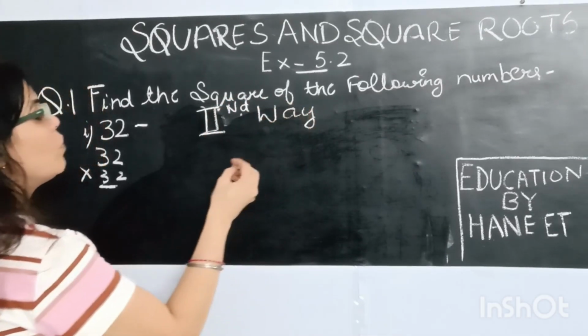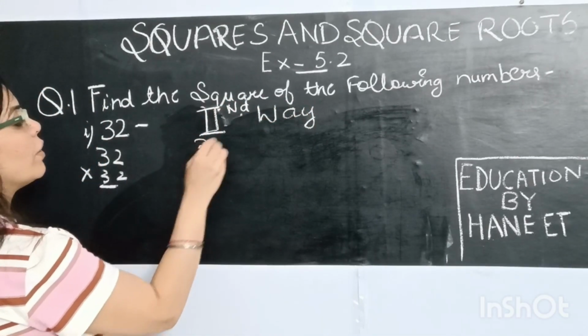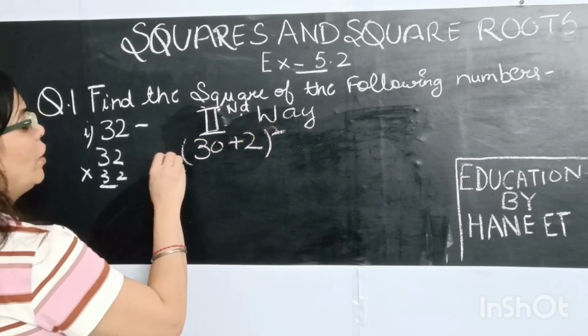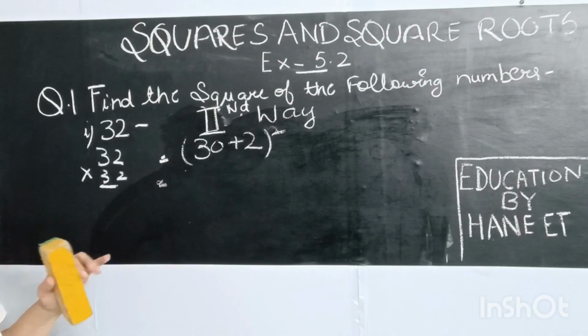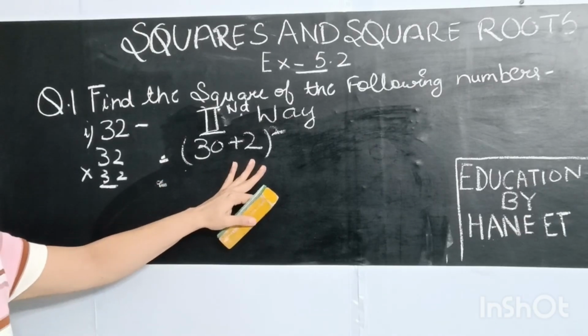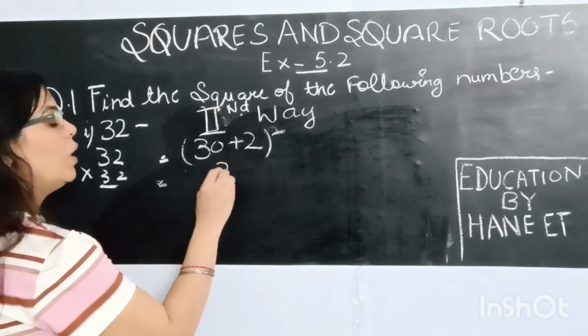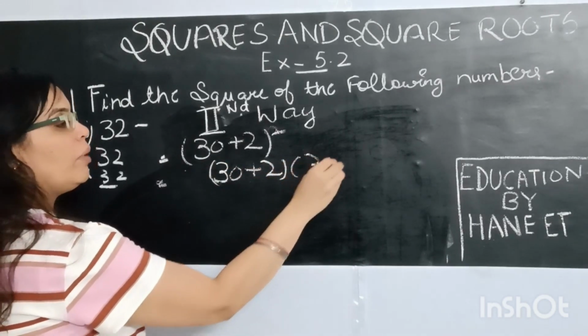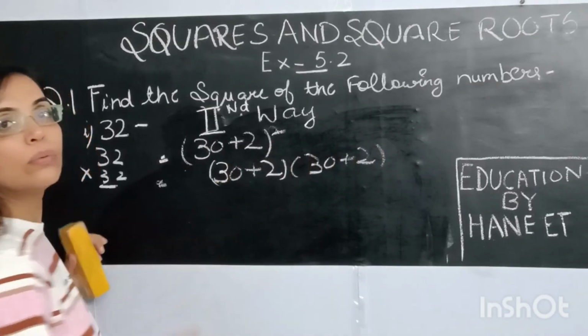As in the first way we have written 32 as 30 plus 2, the same way we will write here (30 plus 2) square. Now I have told you in the first exercise that by the square of a number we mean that we multiply it two times or twice. So we will multiply 30 plus 2 two times. 30 plus 2 and 30 plus 2, right?